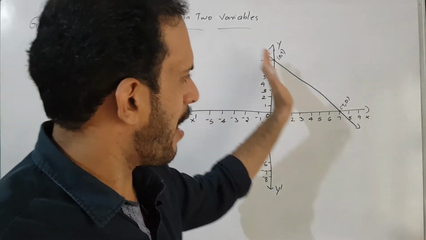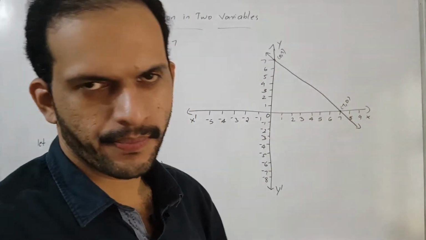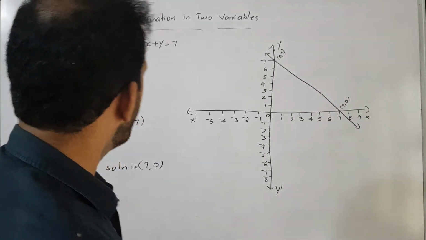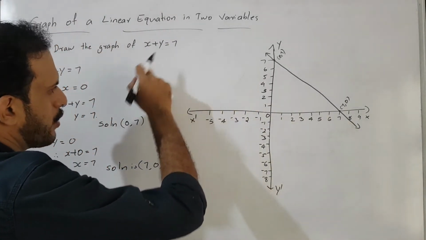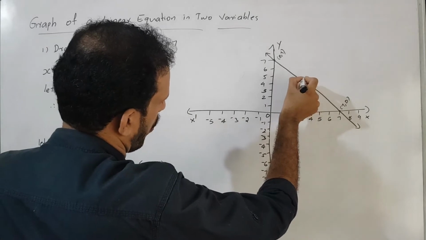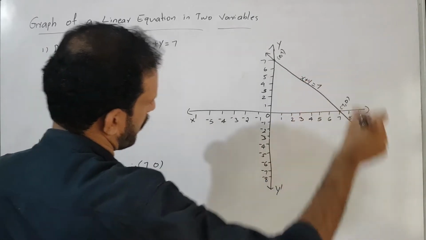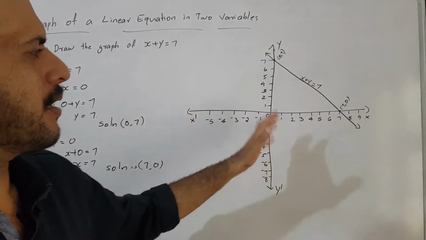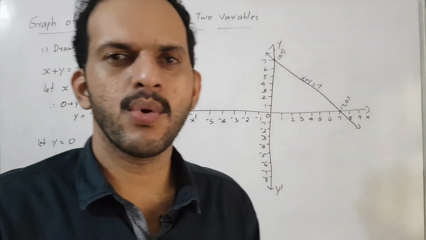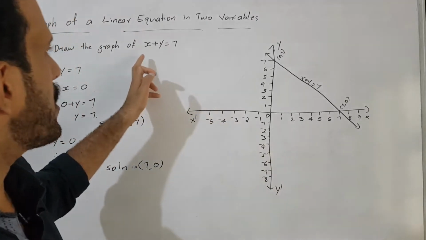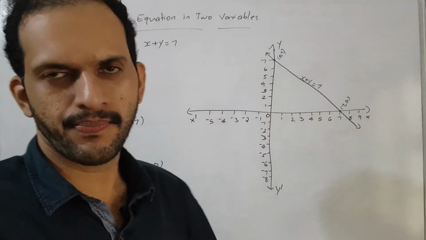Draw a line through these points. Then write the given equation above or below the line, x plus y is equal to 7. So this is the graph of a linear equation in two variables, x plus y is equal to 7.